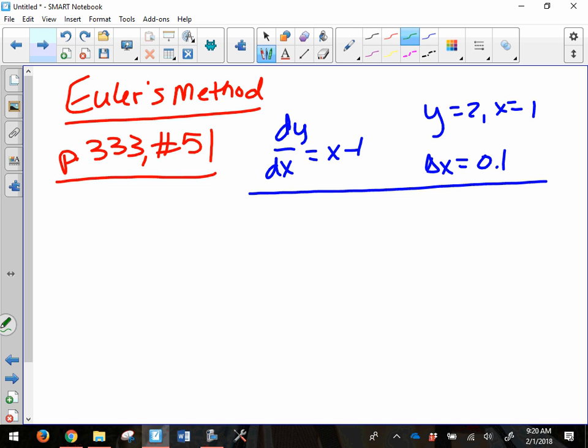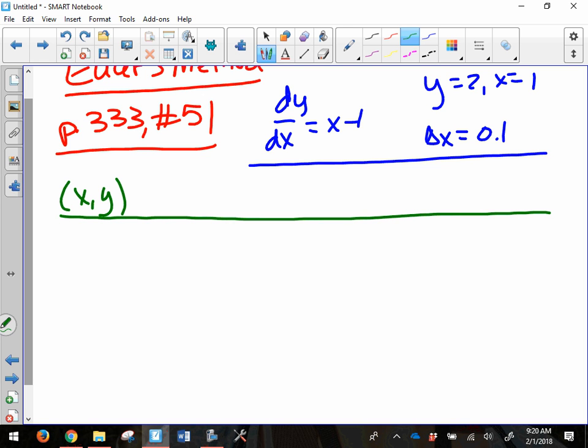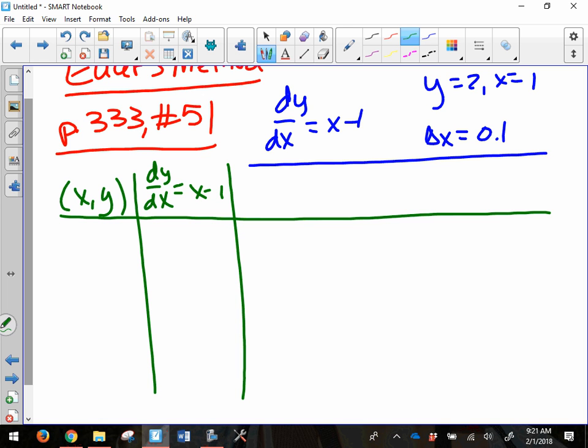Okay? So in the book, when we do this, we have some initial value of x and y that we're starting at. We figure out what the slope is going to be. You're always going to be given delta x.